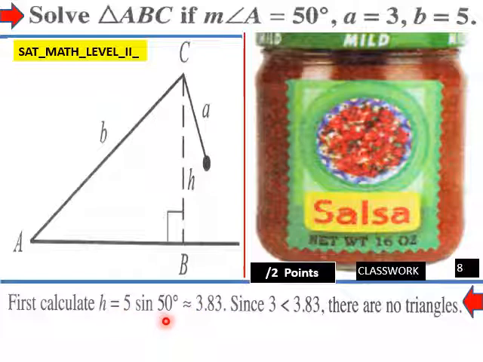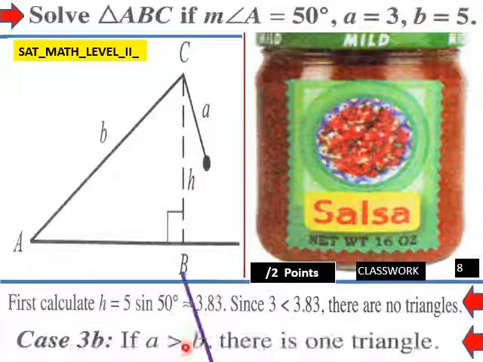Or you can use the sine function to find that, 5 sine 50 degrees, because we're given A here. Since 3 is less than 3.83, there are no triangles. So you can ascertain that. If you come up with figures like that, there are no triangles.